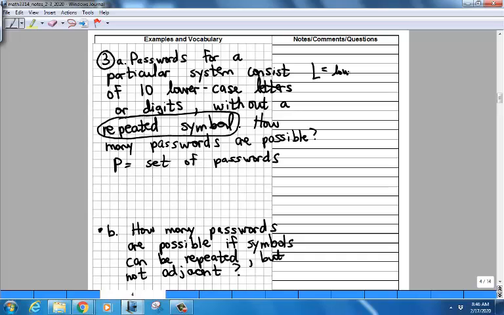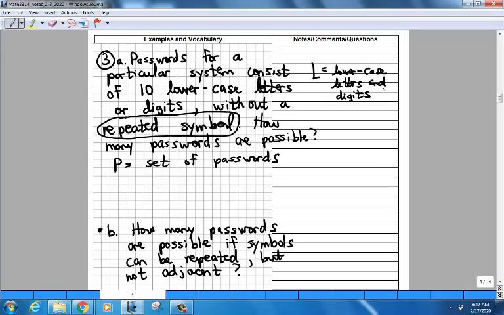So we'll let L be the lowercase letters and digits. How big is that set? 36. Exactly right, that's 26 plus 10. The alphabet is 26, and then there are 10 digits, 0 through 9. So the size of that set is 36.